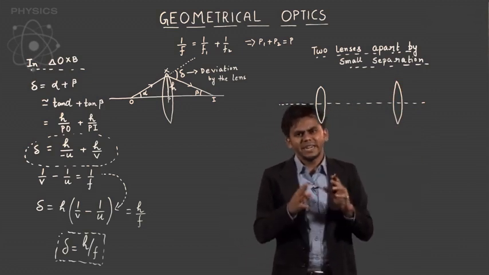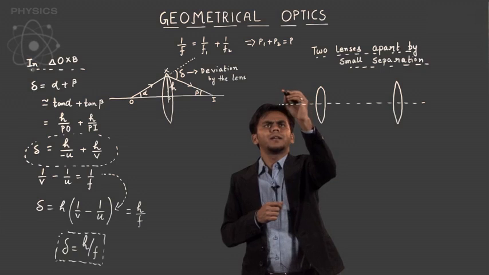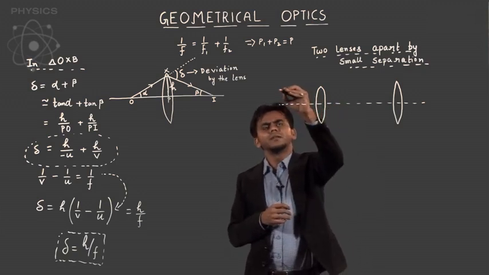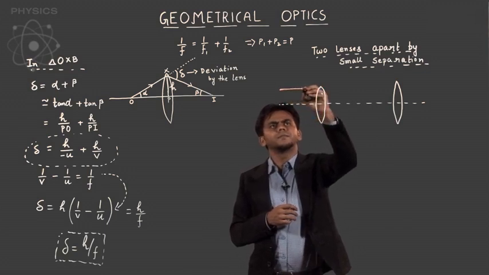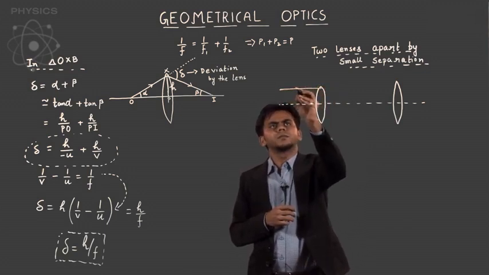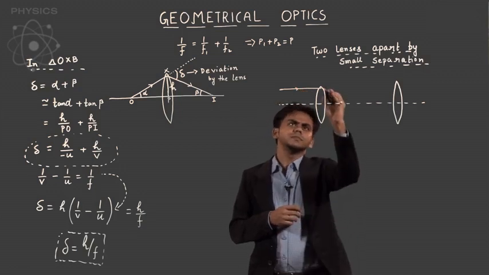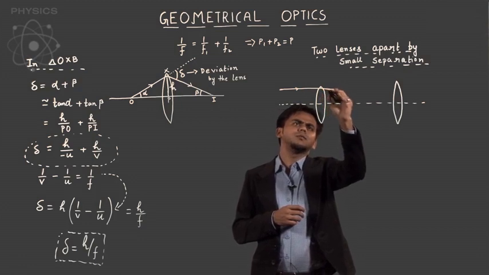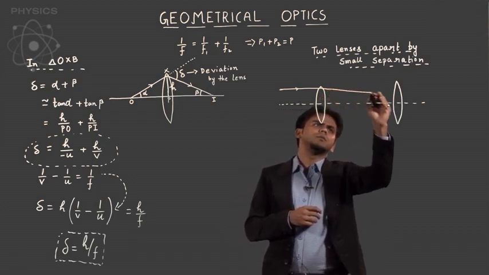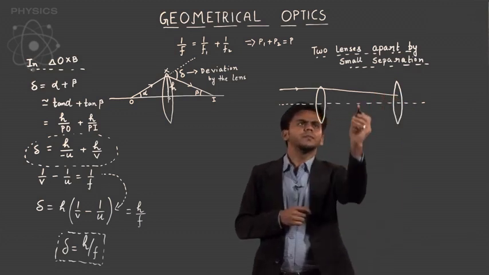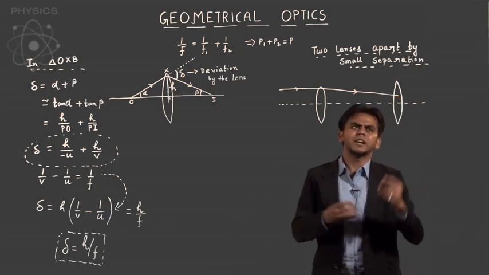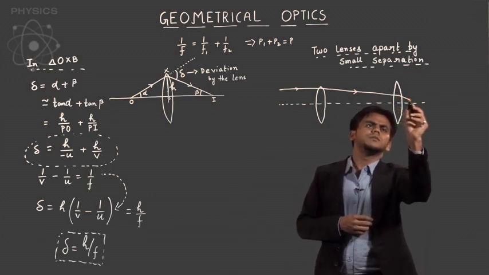Now, if a parallel ray, I'm taking parallel because it's easier to deal with a parallel ray, comes over here, it will be getting refracted by some amount. Reach here. And after reaching here also, it will be getting refracted further. Finally fall here.